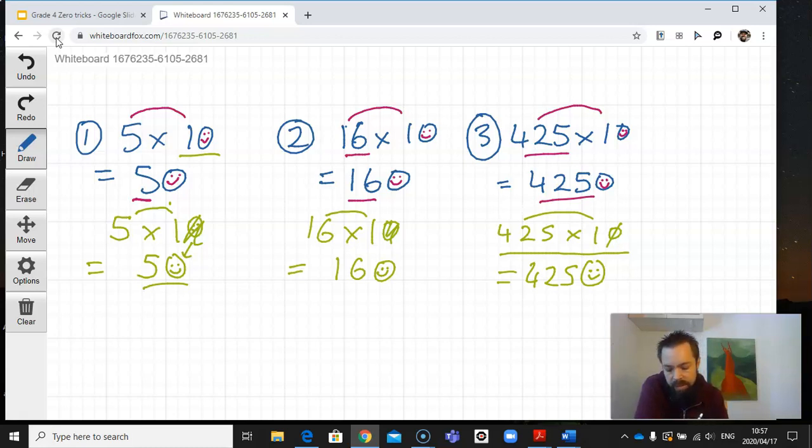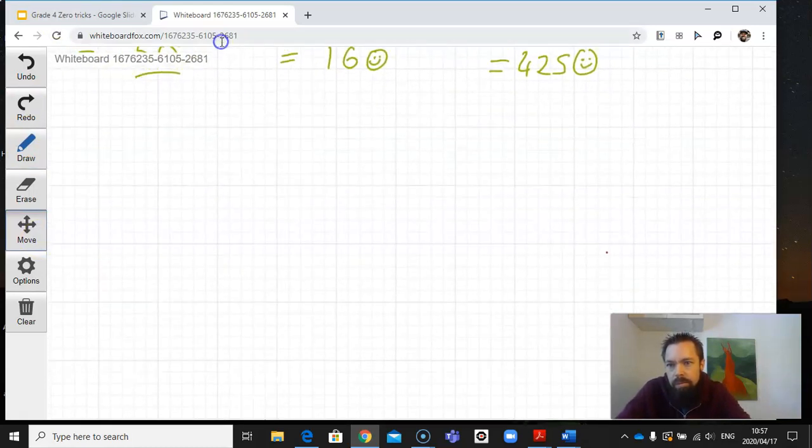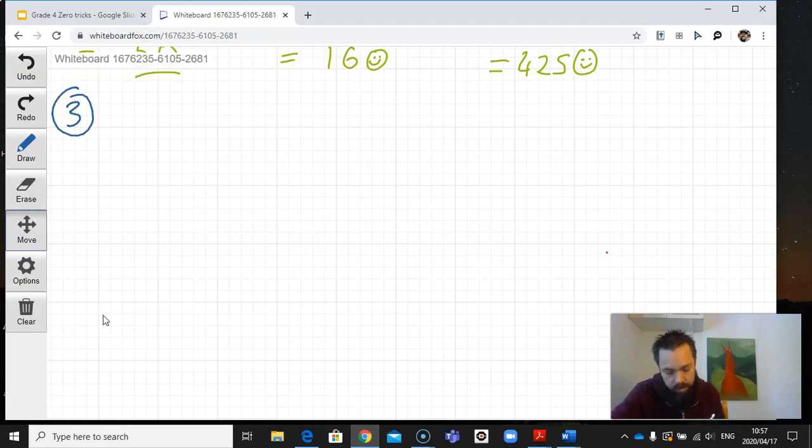Let's have a look to see if the same holds true when we use bigger numbers. Let's try 5 times 100.